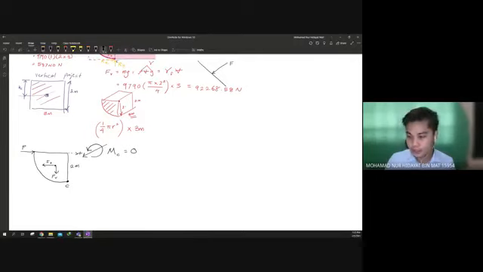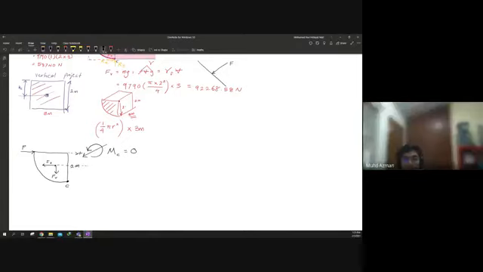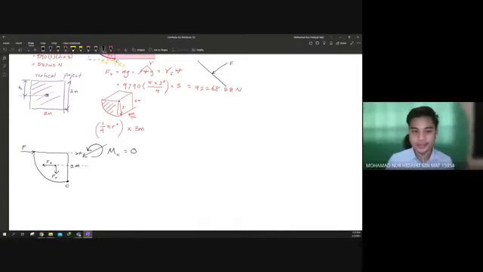You already know the length of P. How about the FH? Do you know the distance of FH from C, everyone? 1. Okay. That is centroid.